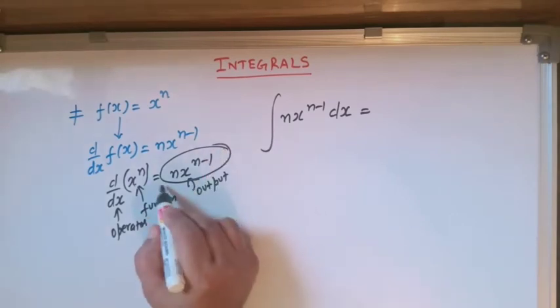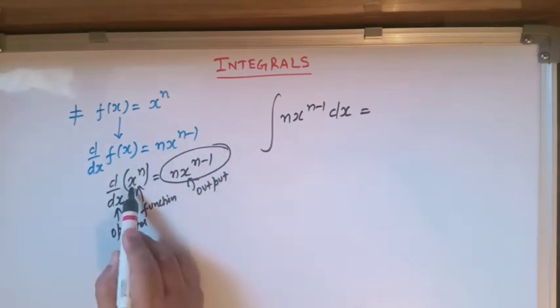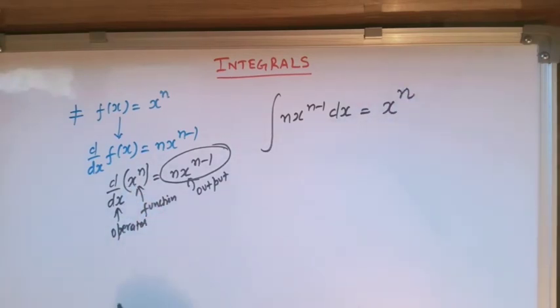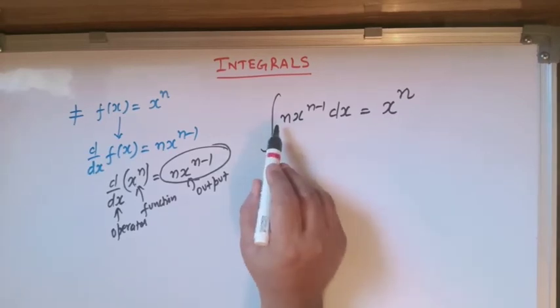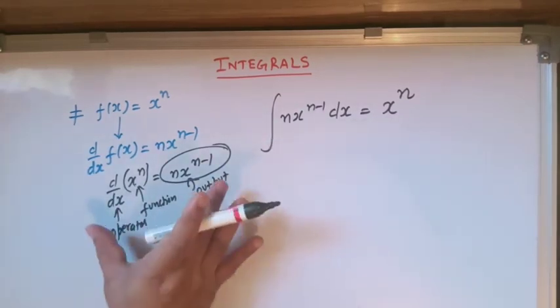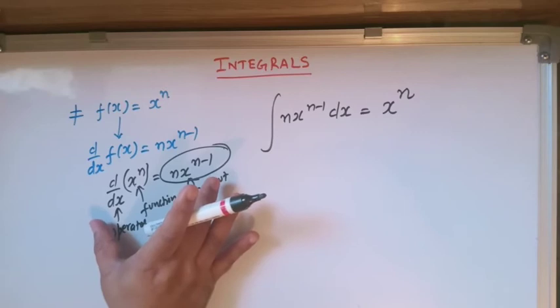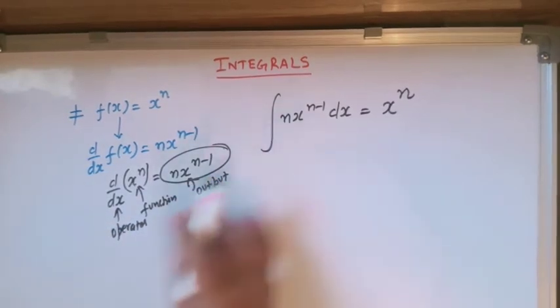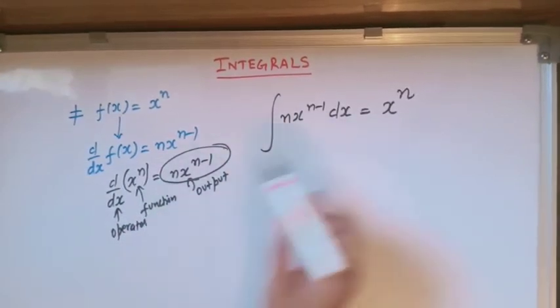So if we integrate this function, we must get this function, x raised to n. Clear? Now viewers, by this result, we are able to write this expression. So these two expressions are equivalent.